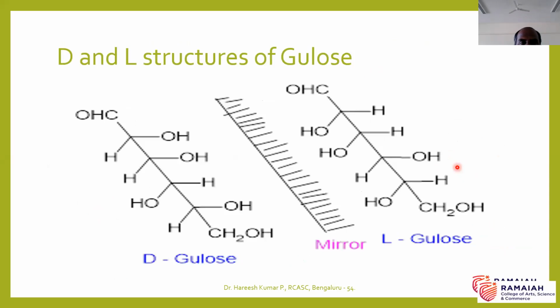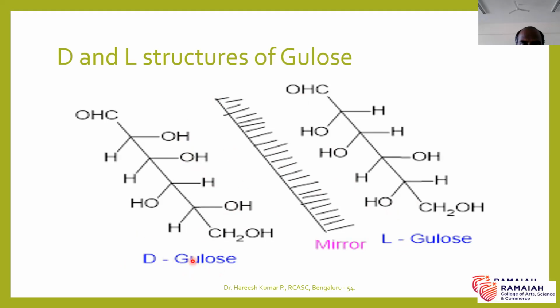The next slide is about the D and L configuration or structures of glucose. So here, this is the glucose moiety. Suppose this is the one, then it is called glucose. Here are the mirror images, OH, H, OH.